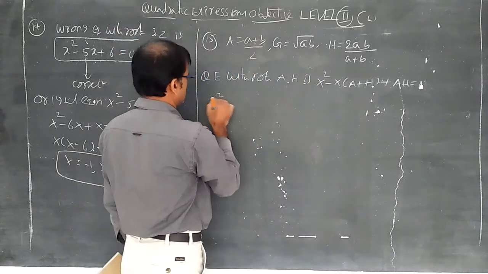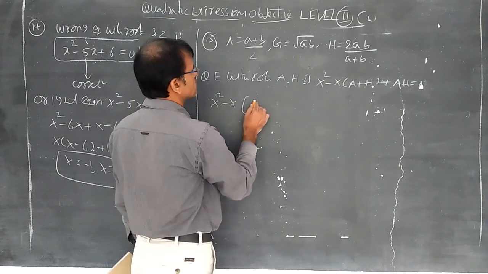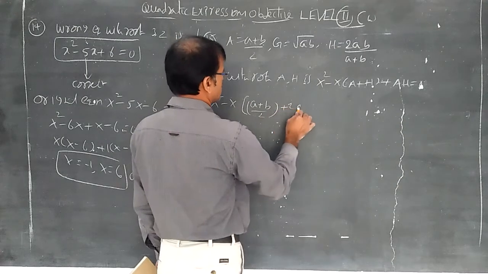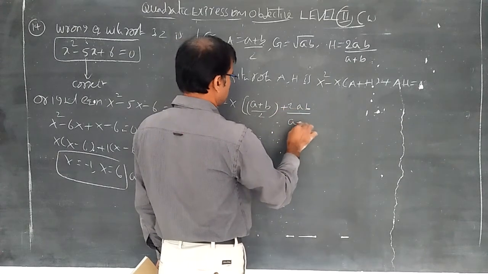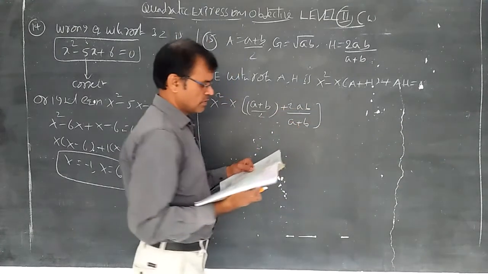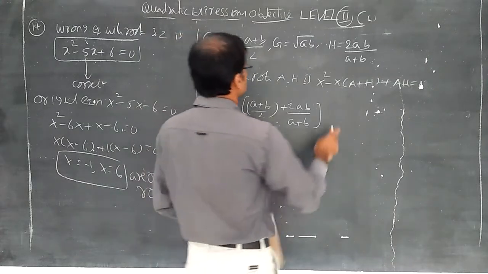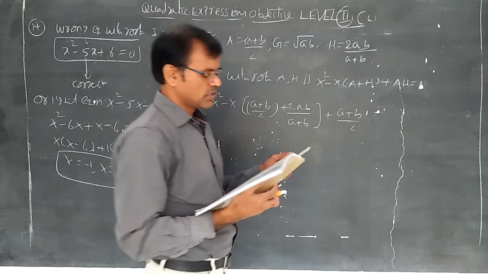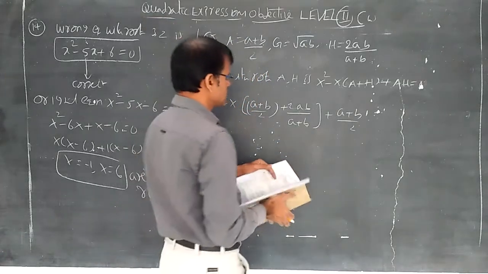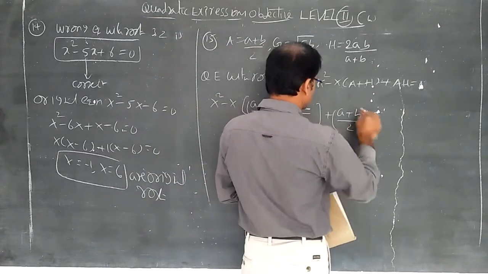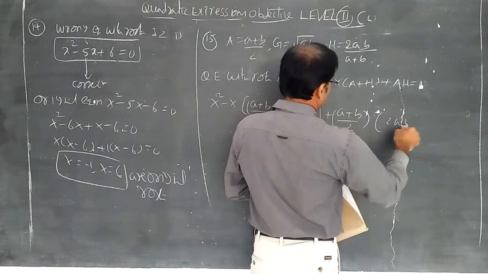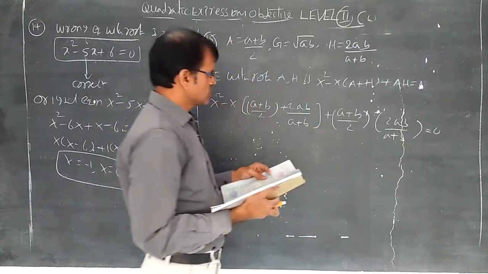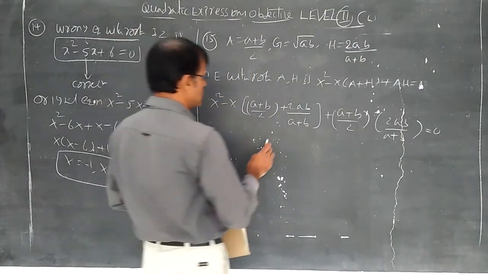This one: x square minus x into a plus b by 2 plus 2ab by a plus b, plus AH. AH means a plus b by 2 into 2ab by a plus b equal to 0. So ab means G square we can get here.